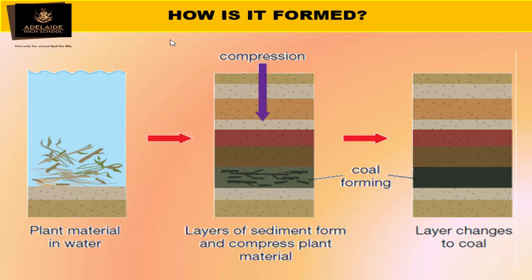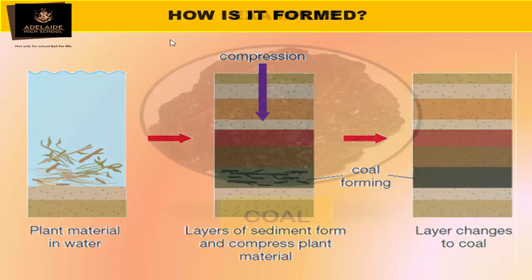As you can see, layers of sediments will be layered on top of it, and they compress the plant material or even animal material. It doesn't matter what it is. If it's a plant, it's plant material. If it's an animal, it's animal material. And later on, you have the layer changes that you see in the coal here. So this is how an organic sedimentary rock is formed.